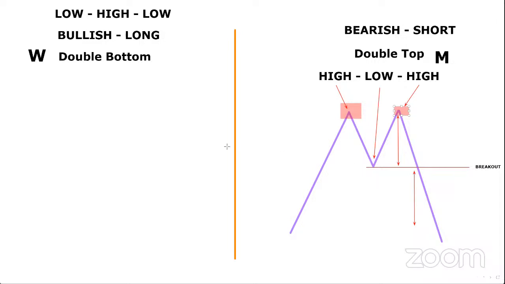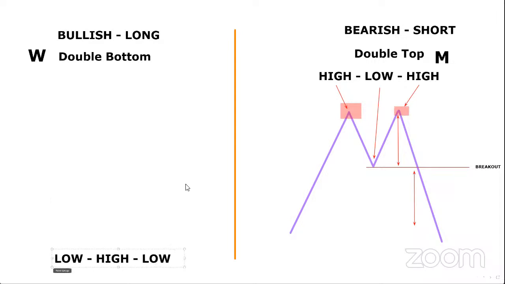Okay. Now the same thing could be done when it comes to double bottom. Sorry, but the other way around. So here we go. We have low, high, low. Nice. Just like this, we have a double bottom.